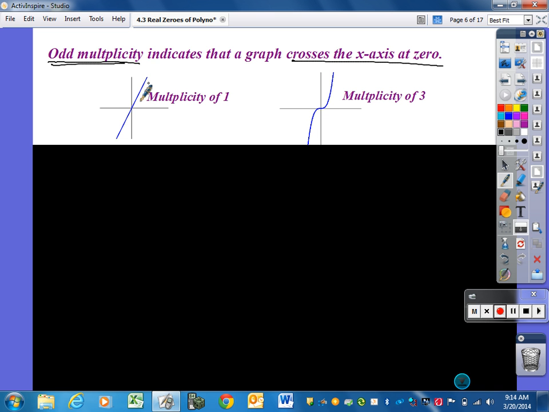This is a line, so my x is 1 power. It crosses the x-axis. This was a cubic. It crossed over the x-axis. Do you recall when we drew a quintic? It also crossed over the x-axis, but became flatter in this area.